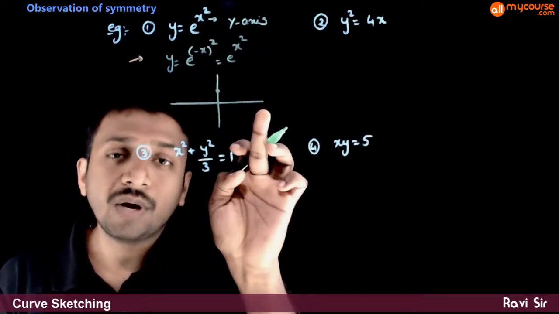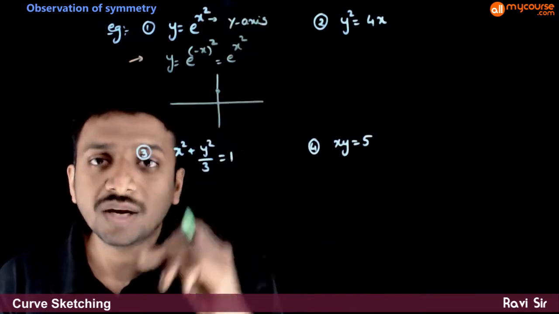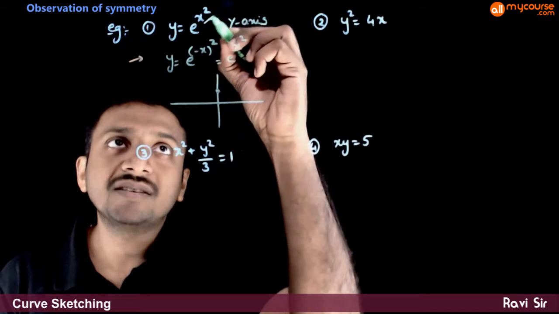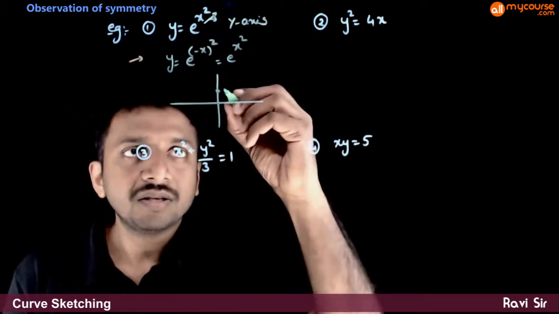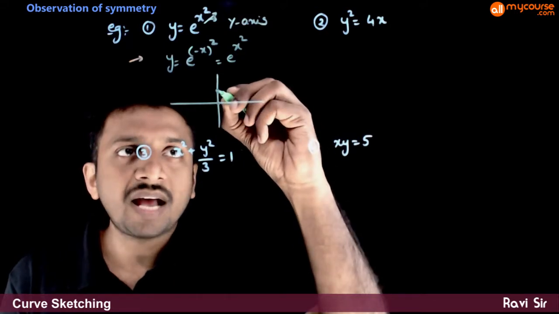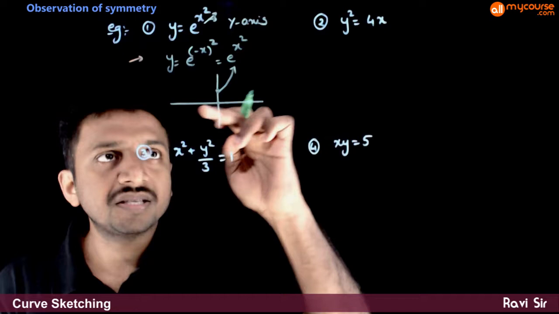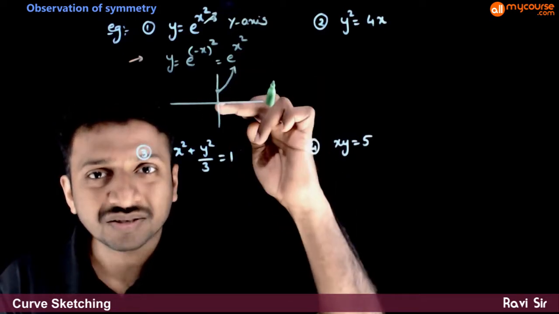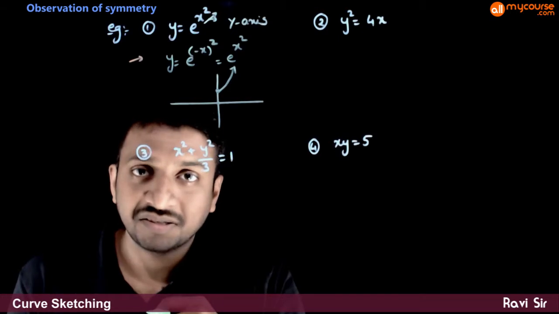Corresponding to x is equal to infinity, that is, if x is a very large number, x square is a very large number. As x square increases, e power x square increases. So as x increases, the value of e power x square is increasing. So this is how the graph of e power x square looks on the positive side of x-axis.